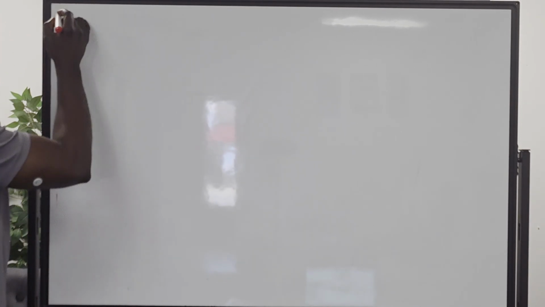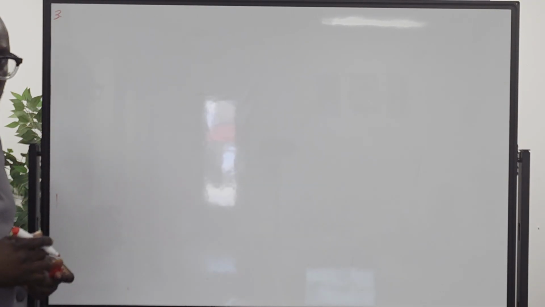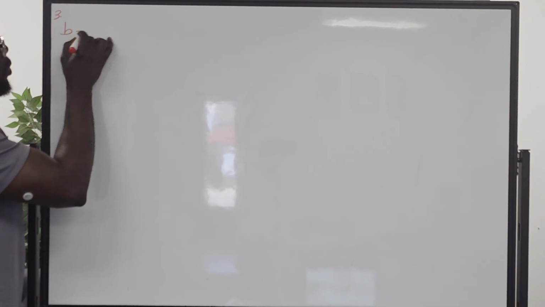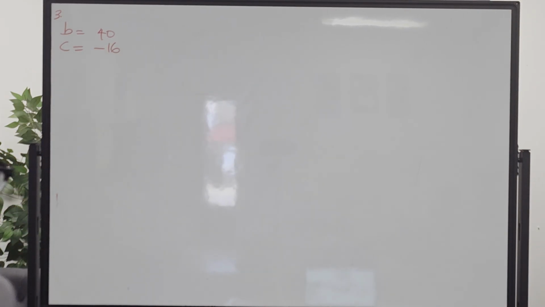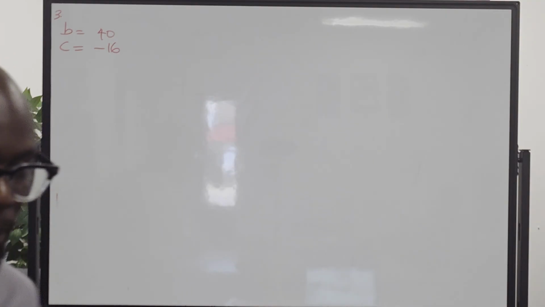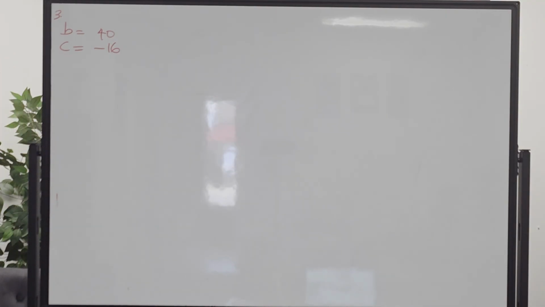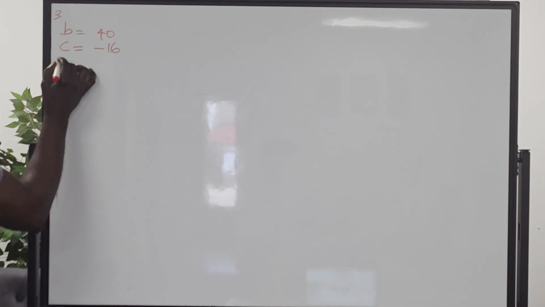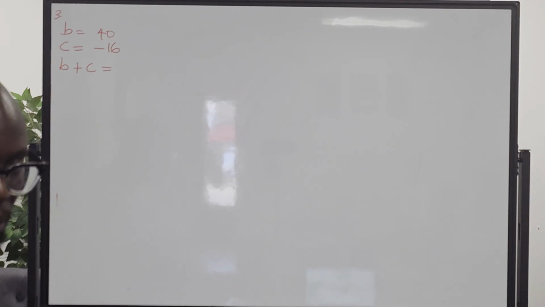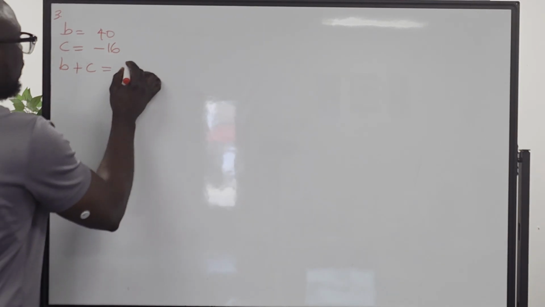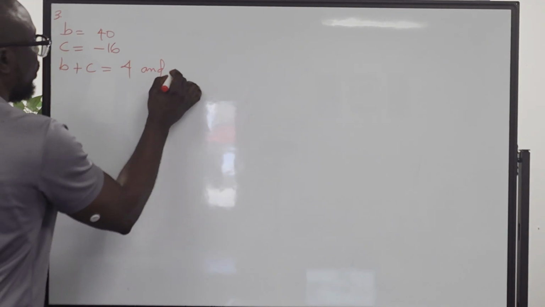Next question, question 3, says that given B is equal to 40 and C is equal to minus 16, B plus C is equal to the product of minus 4 and what number?